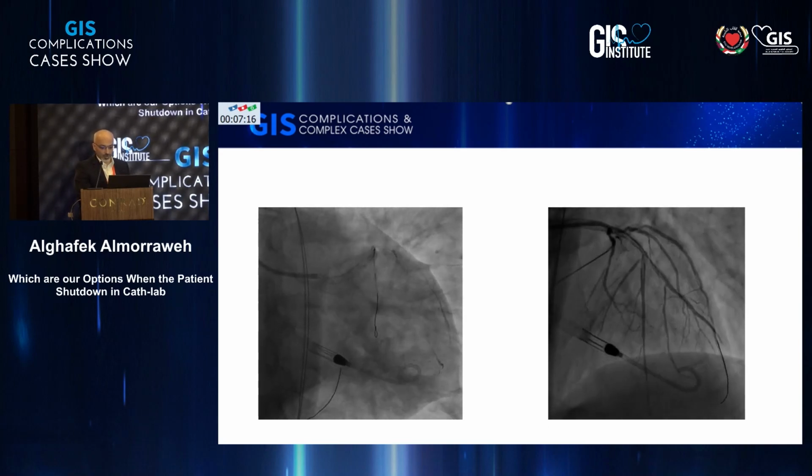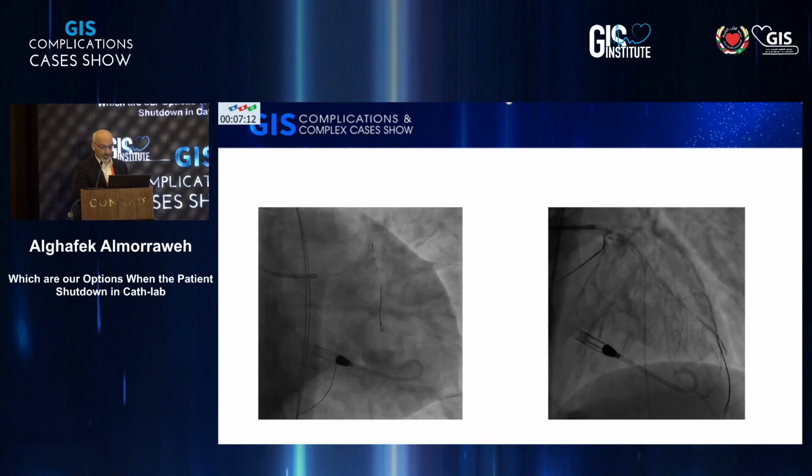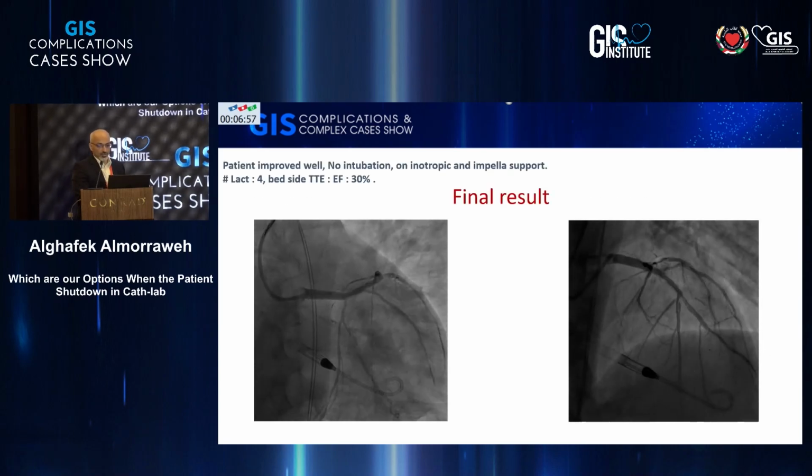I did ballooning in the diagonal, which I didn't record, and the flow in the diagonal is restored, though there is thrombus there. So I did an IVUS just to be sure that the stent in the left main is fine and everything is well. And then I did post-dilation with an NC balloon 4.58, and this is the final result.